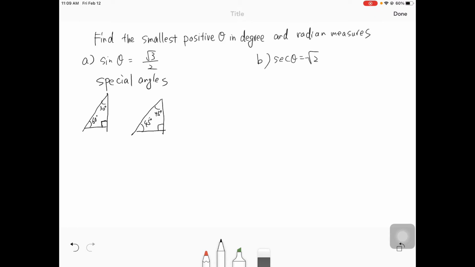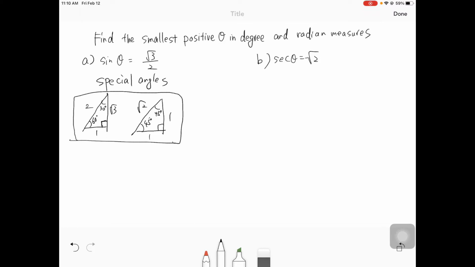In the case of the triangle with 60 degrees, the ratio of the length is going to be 1 to square root of 3. And in the triangle with 45 degrees, it's going to be 1 to square root of 2. If you have no idea about this, please check out my previous videos. But anyway, you need to know this knowledge to solve this question.